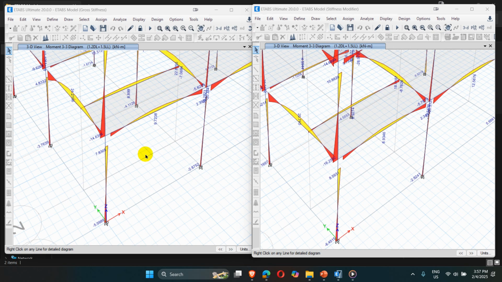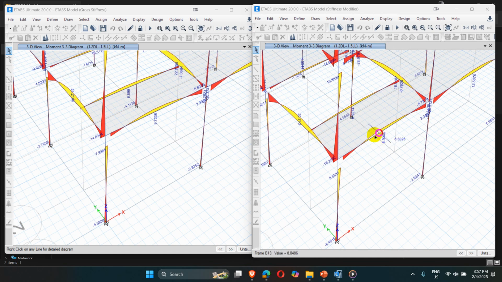So this is all about the stiffness modifier with a gross stiffness. So in summary, in the model with gross stiffness, the beam attracts more force because of the full stiffness utilization, and the column attracts less force. But looking into the model with stiffness modifier, the stiffness of the beams and columns is reduced, but the column's stiffness is reduced only by 30% and the beam's stiffness by 65%.